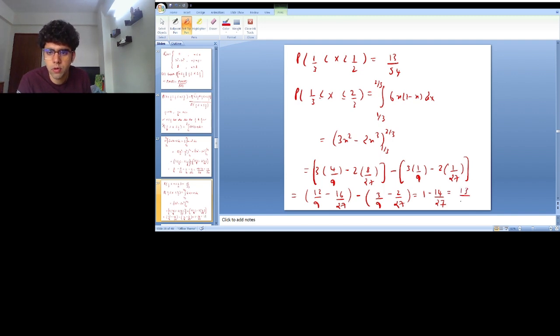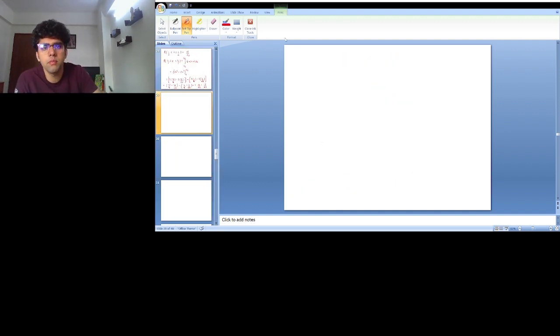So this is 13 upon 27. Now if I include 1/3 or 2/3, it doesn't make any difference because we are talking about continuous distributions. So this gives me 13 upon 27 in the denominator.